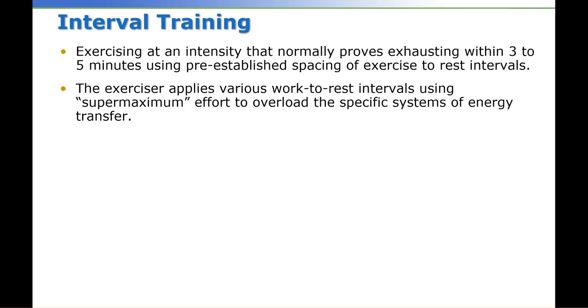This is basically dealing with the intermittent type of exercise where you have supermax effort. So you'd have an all-out movement up to 8 seconds in duration, like a sprint on a treadmill and then jumping off, let's say.